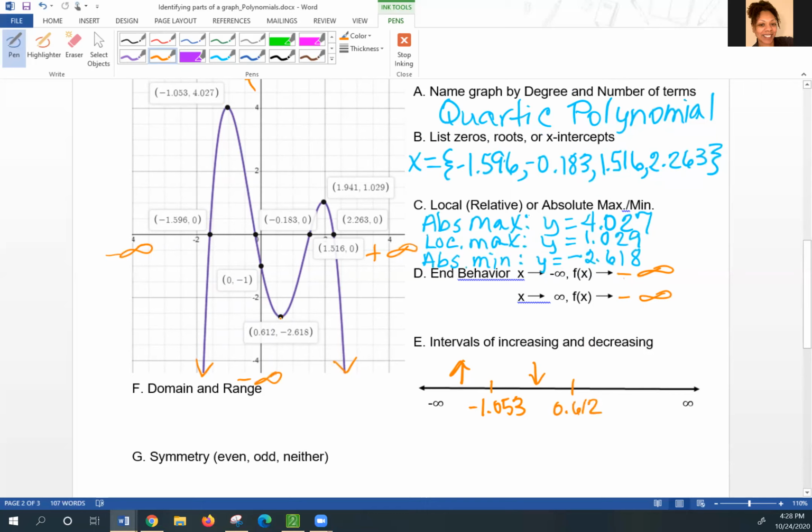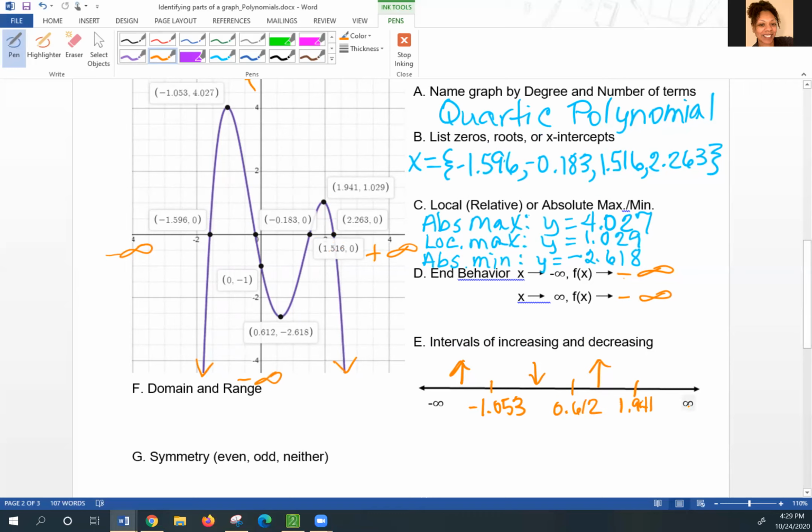At 0.612, I start to increase again all the way up until I get to 1.941. Again, I'm looking at my x values. And then from that point, I decrease and I just keep going. Don't get confused when you see that I am going down, but I am going down on my x value towards my positive infinity sign.